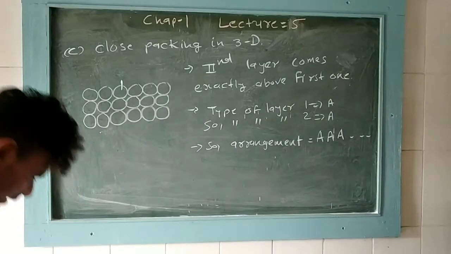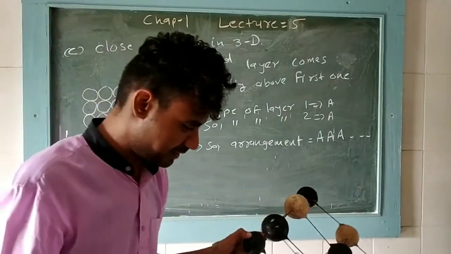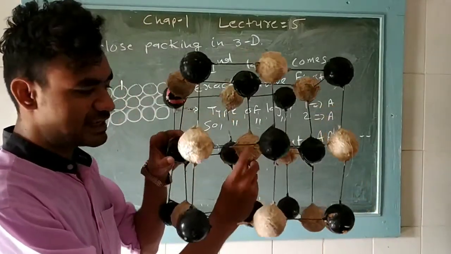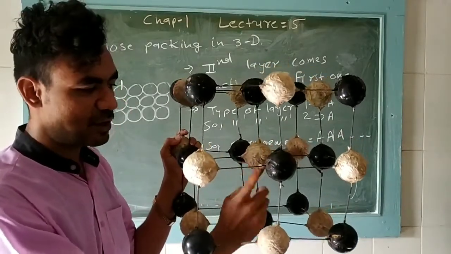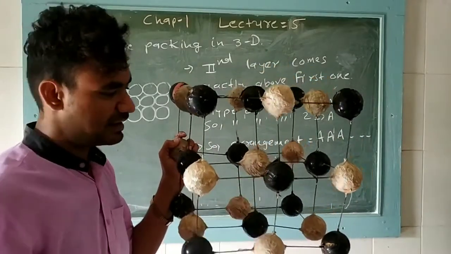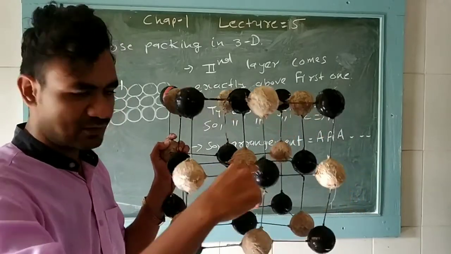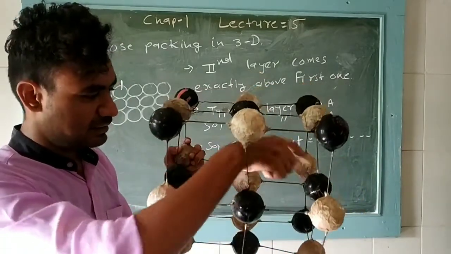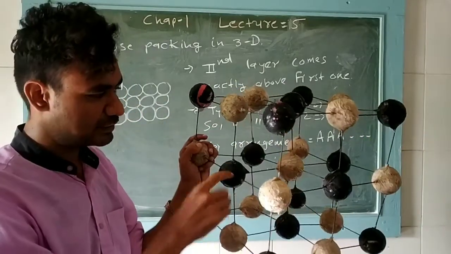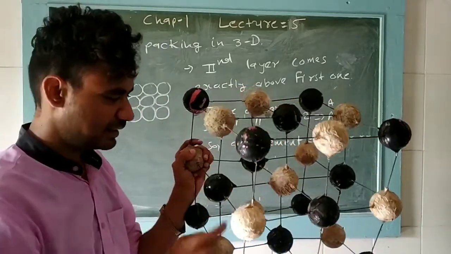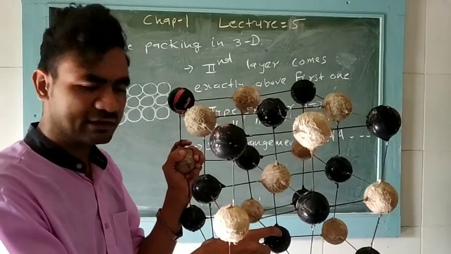If you want to calculate the coordination number, look at the center atom here. How many other atoms surround it and are directly attached? This is first one, black, second, third, fourth, above one, fifth, and downward, sixth.